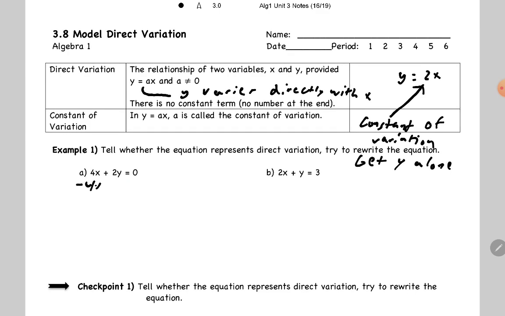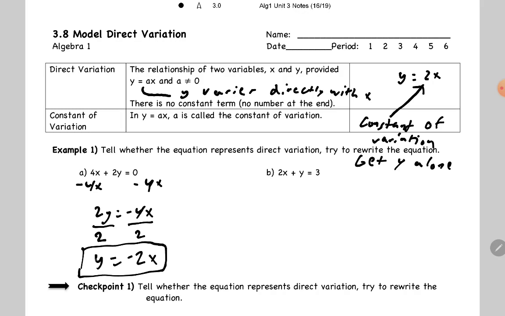I'm going to subtract 4x over, and I'll get 2y equals negative 4x. Then I need to get y by itself by dividing both sides by 2, and I'll get y equals negative 2x. Does that look like direct variation? Yes. Our constant of variation is negative 2. So the answer is just yes.